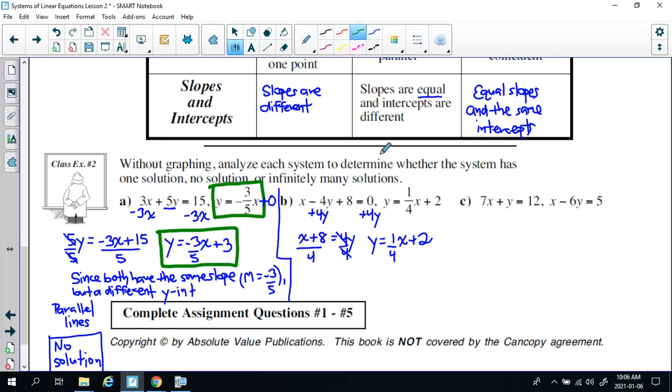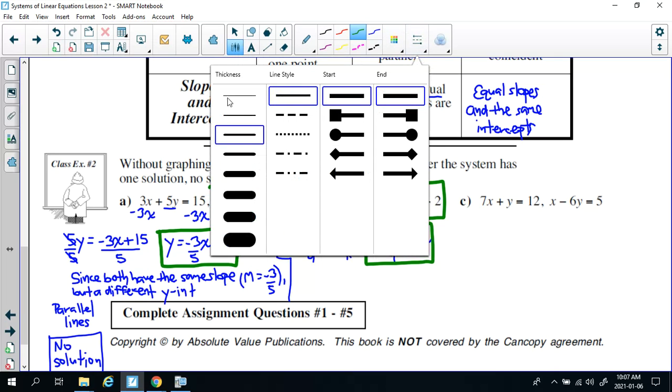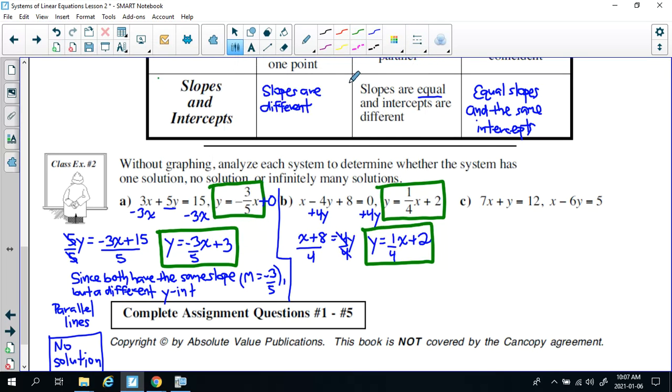And now let's look at what we have. One equation is y equals 1/4x plus 2. The second equation is the same one. It's y equals 1/4x plus 2. So what happens if you have the same equation? If you have the same equation and you plotted them, the two lines just completely overlap.